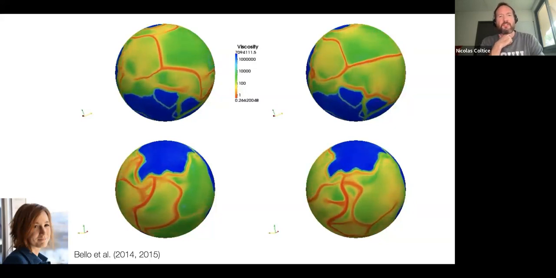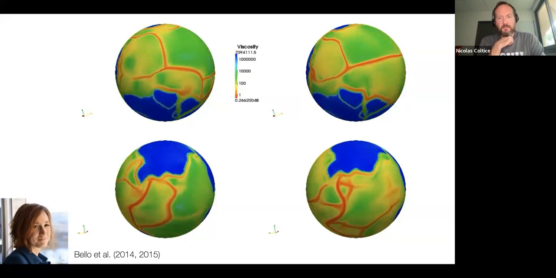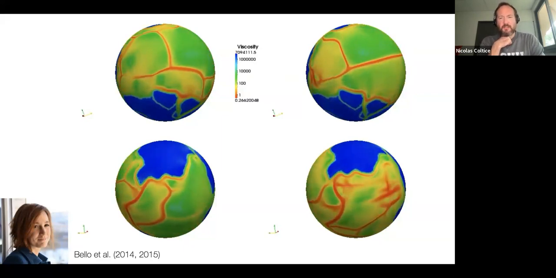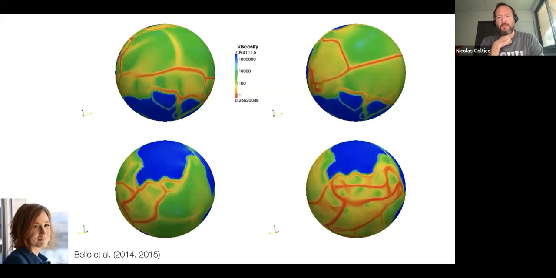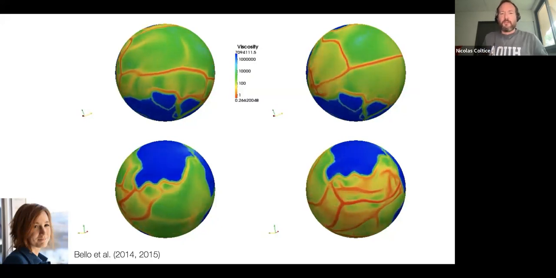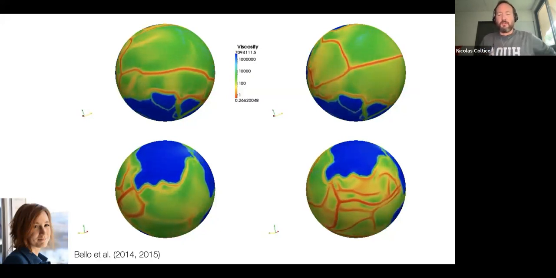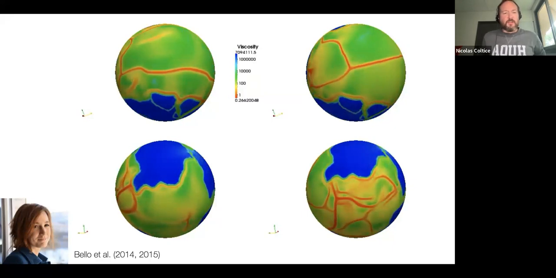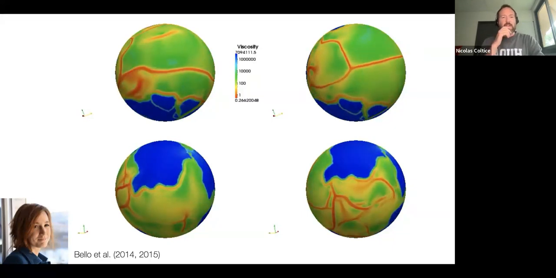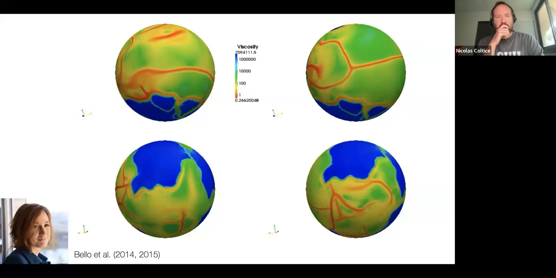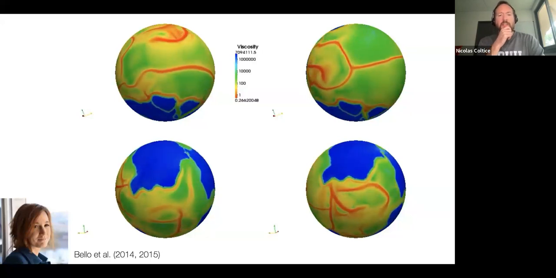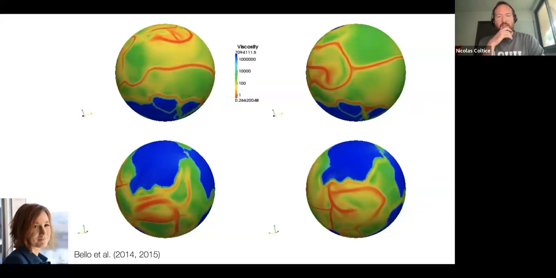The subduction zones are not exactly at the same place. And at some point there can be almost a bifurcation, when a new big subduction starts in one model and not in the other model. The difference can grow very quickly. So there are effects like that in complex systems.